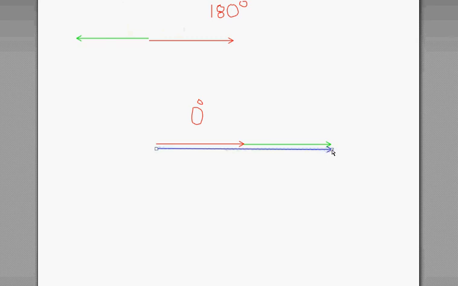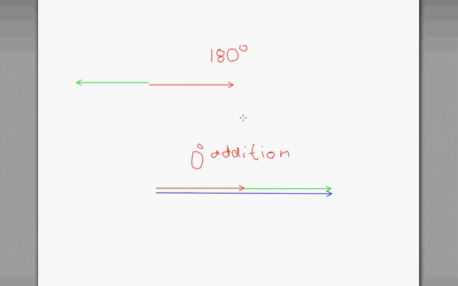This blue arrow I'm drawing right here is your resultant. So in the case of 0 degrees, when you have 0 degrees between two vectors, you will have addition. Okay, excellent. So they will add up very simply, almost exactly like you remember addition in elementary school. 1 plus 1 is 2, 2 plus 2 is 4. You'll just add up vectors like that.